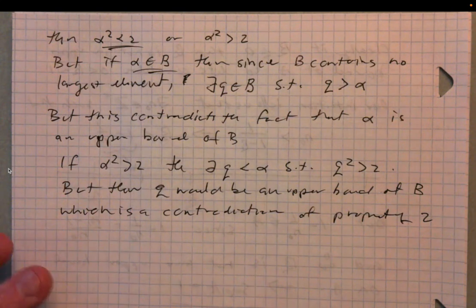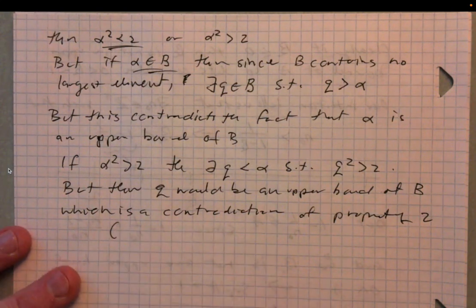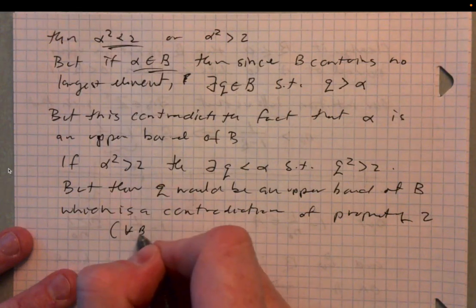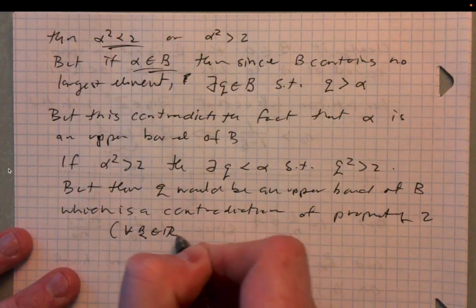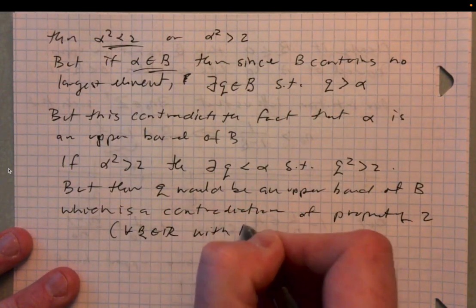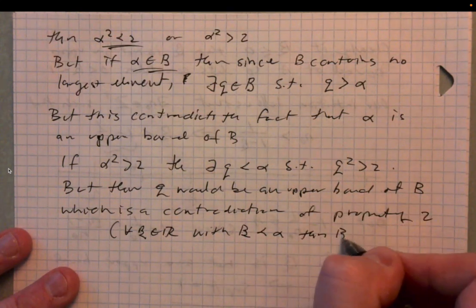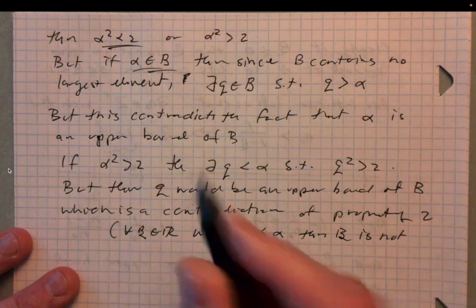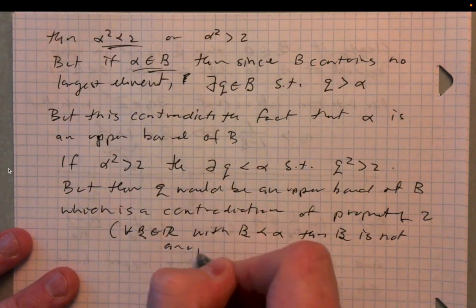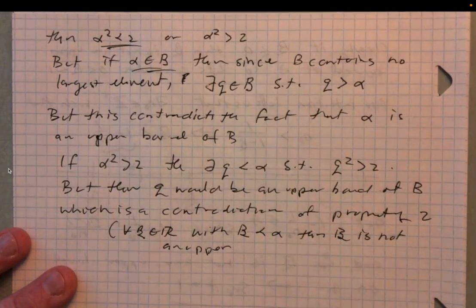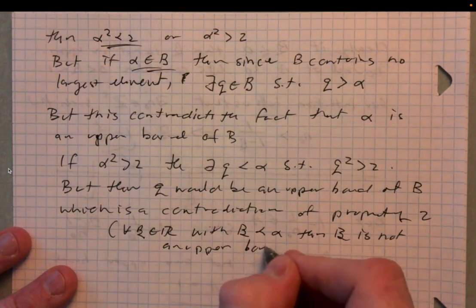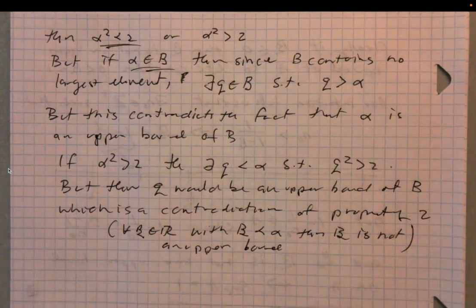Now, what was property 2? Property 2 of the least upper bound definition was that for all beta in R with beta less than alpha, beta is not an upper bound. But here we see that would be violated. Okay.